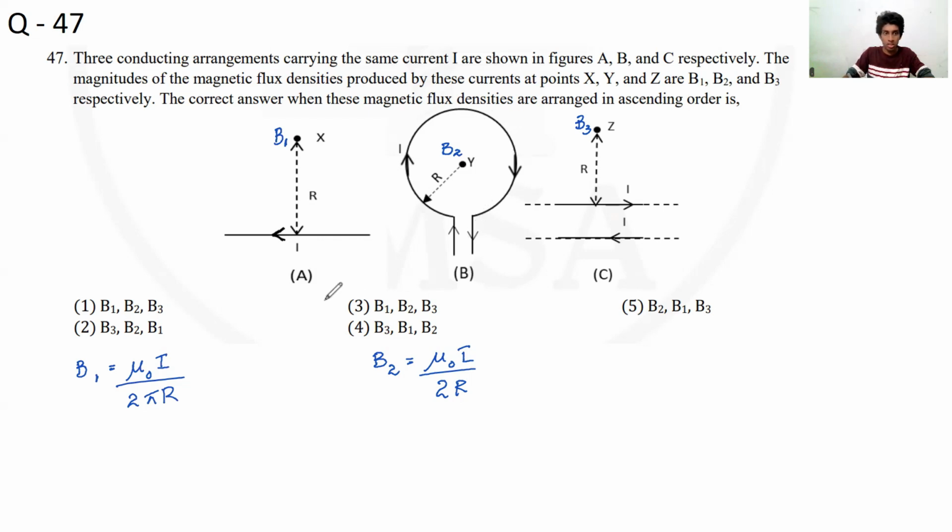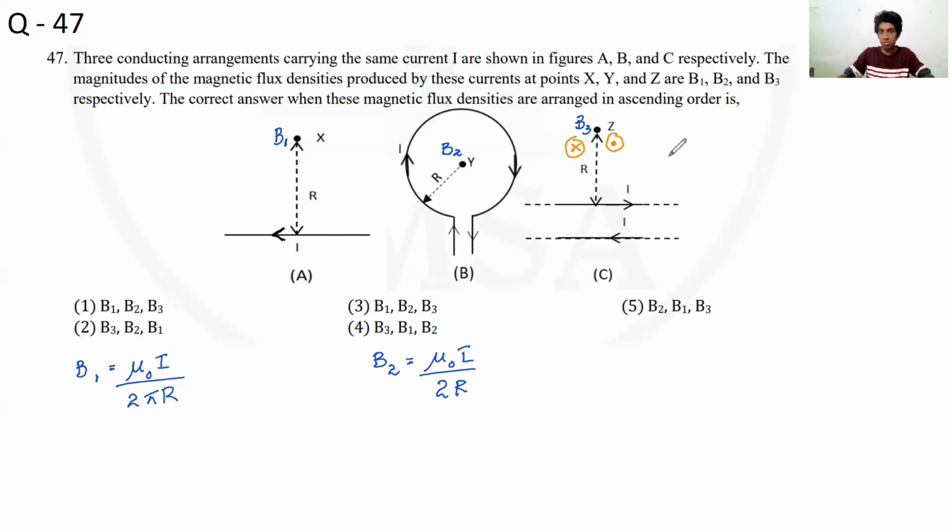And in C, because of the conductor which carries a current I towards the right hand direction, a magnetic flux density is created out of the screen. So you can use the right hand grip rule for that. So here that is created out of the screen. And due to the conductor that carries a current I towards the left hand side, a magnetic flux density is created into the screen. So therefore this is created into the screen.